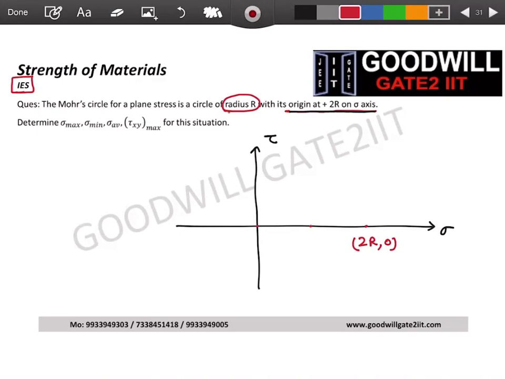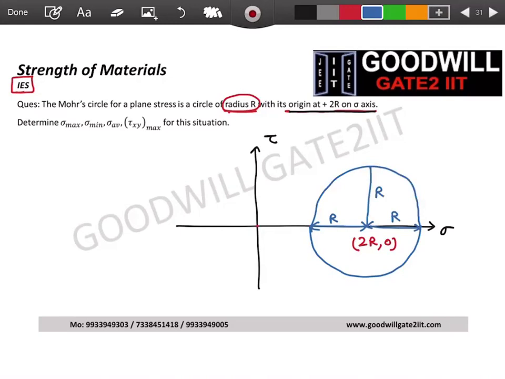Now when your center is here and radius is r, you need to draw a circle. So this is the radius. You people agree this is also a radius, right? All these are nothing but the radius of the Mohr circle.